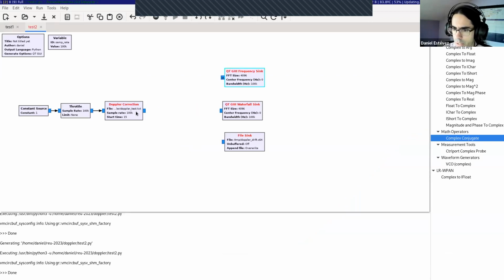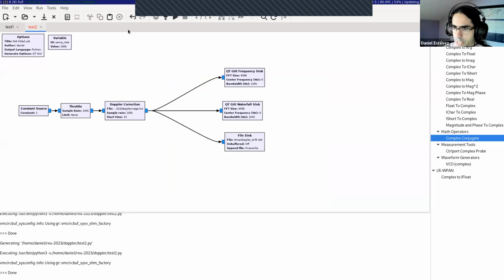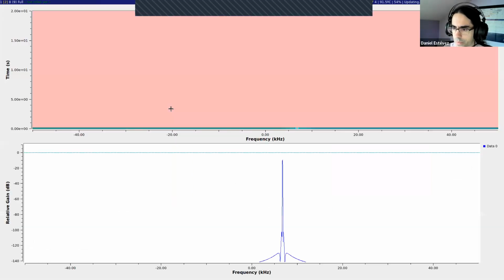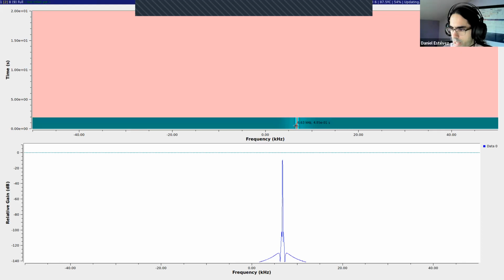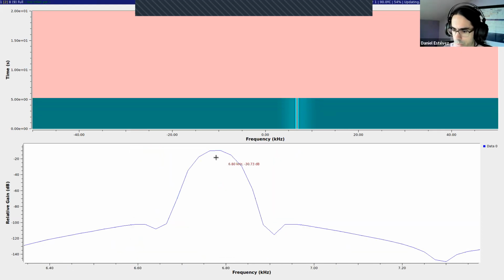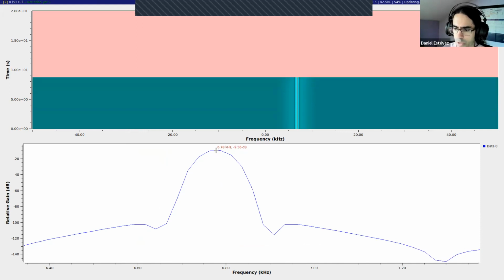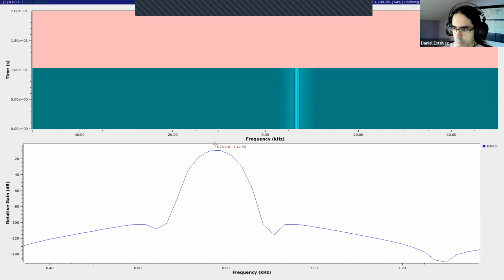And if I go here and remove the complex conjugate, and change my file to make this Vega, then we see that the frequency is 6,700, and presumably it's moving, but it's moving very slowly.